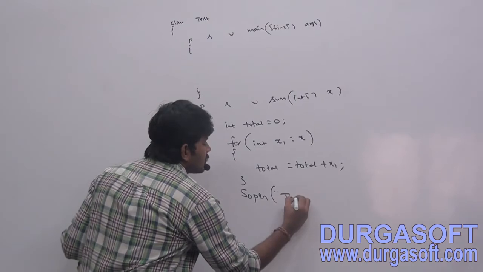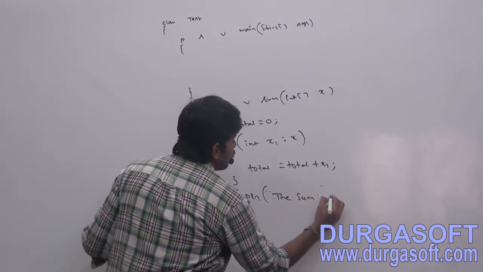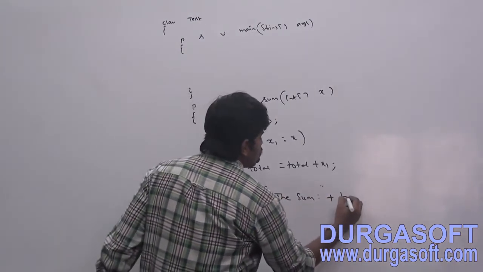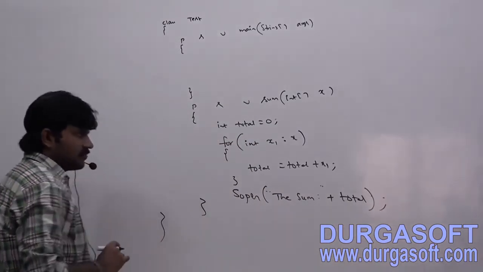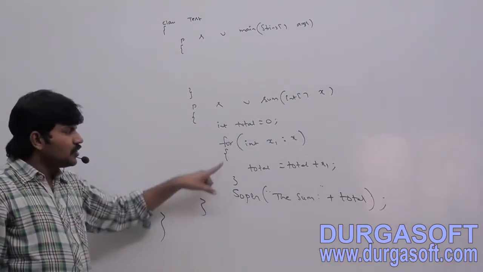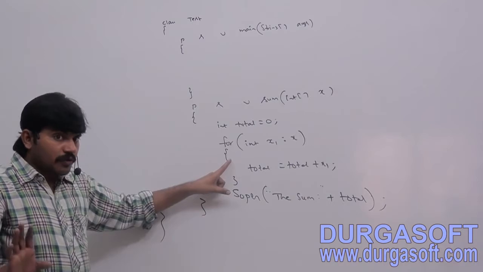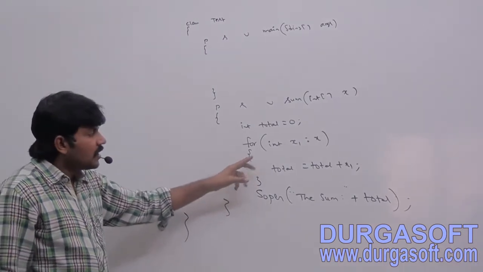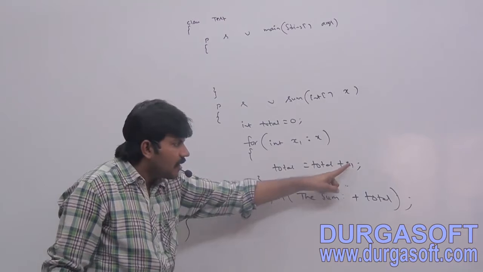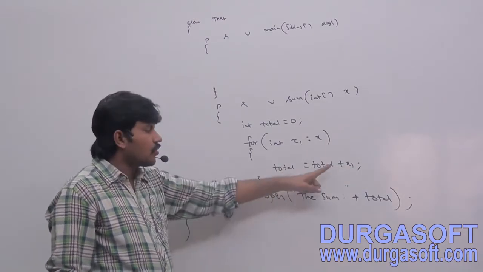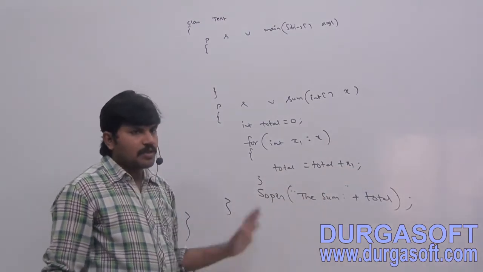System.out.println the sum, SOP of the sum is total. End of this one, very simple. What is this loop called? This loop is called a for-each loop. You know the basic idea. Sir, for every int element present in this array, can you please add that to the total? Total is equal to total plus x1. The sum is nothing but total.